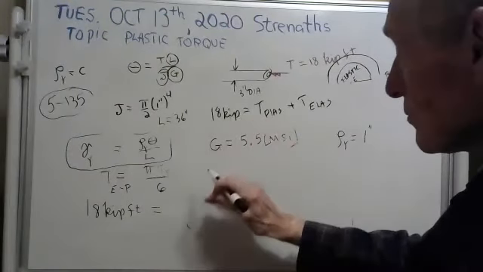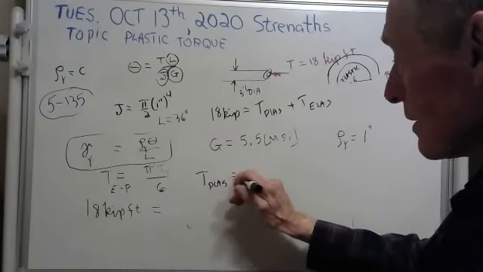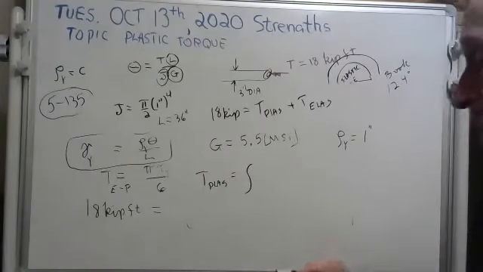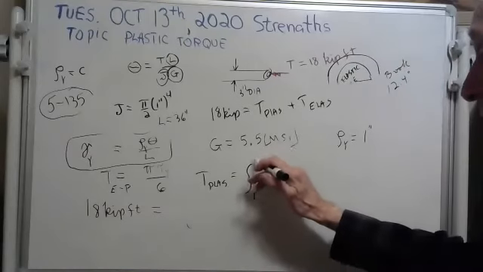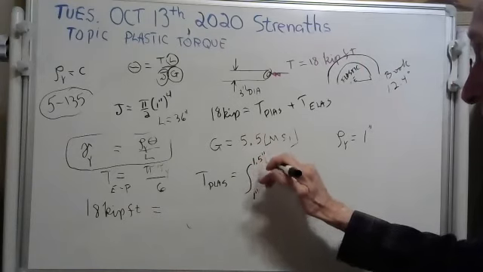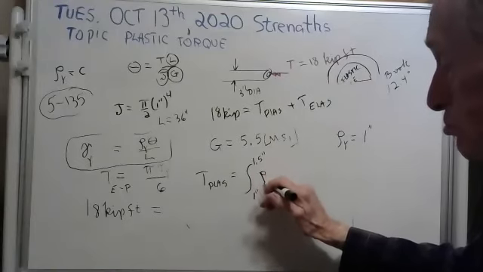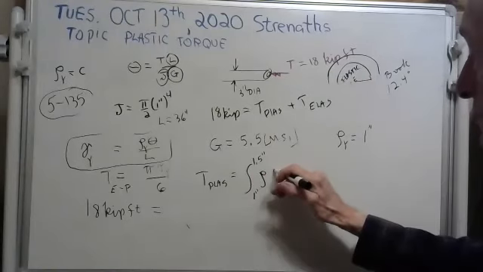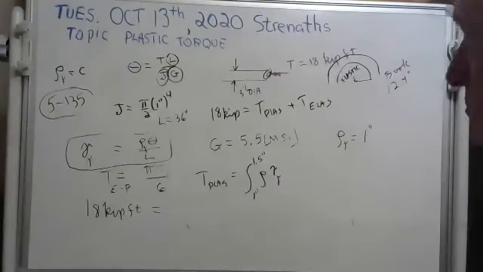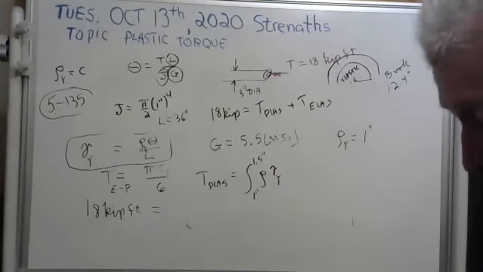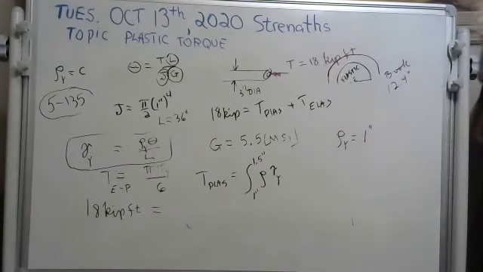Well, here's how you get the torque in the plastic region. It would be the integral from 1 inch to 1.5 inch of rho times tau sub y, which we know. Tau sub y is 33 ksi. It's on that graph there.